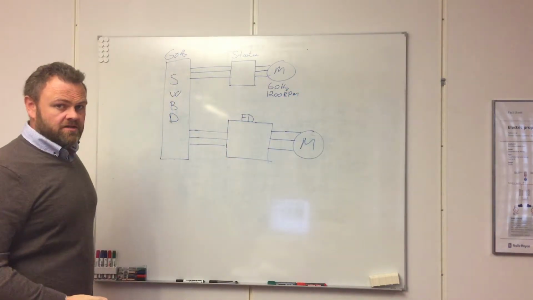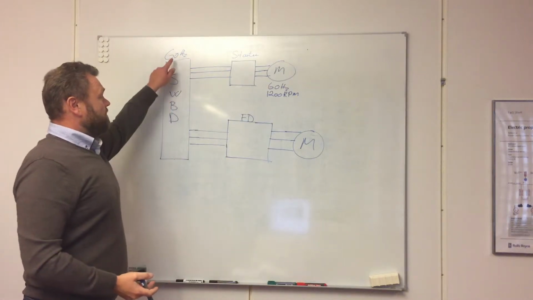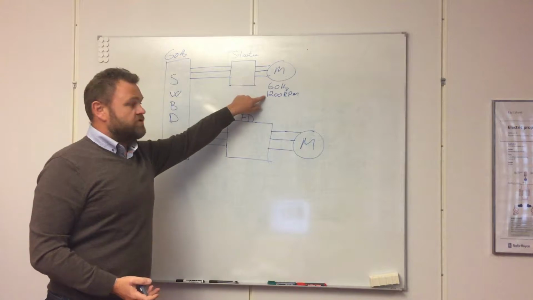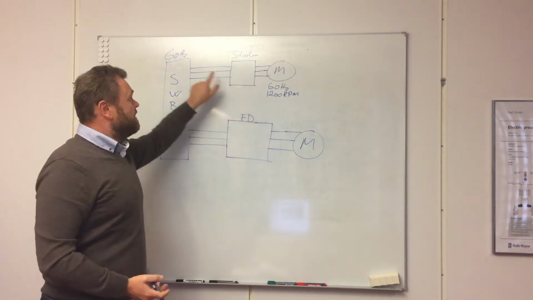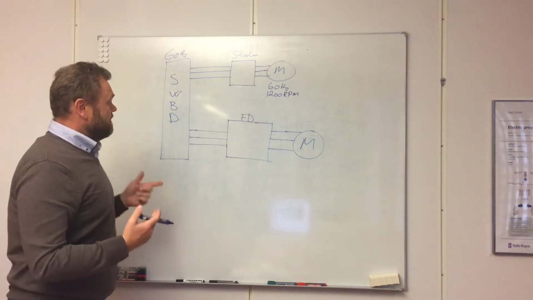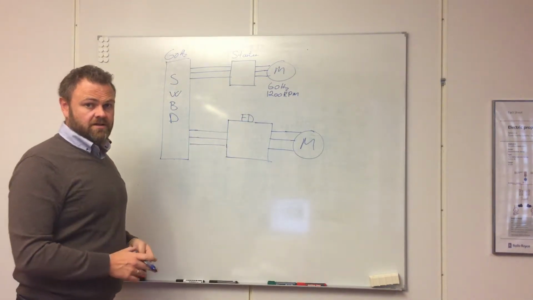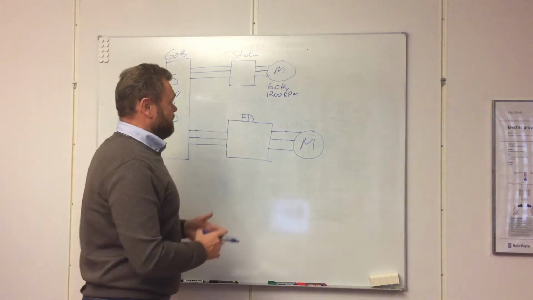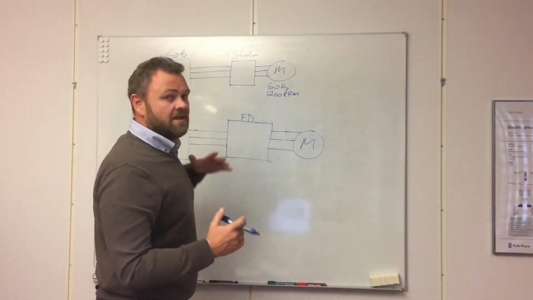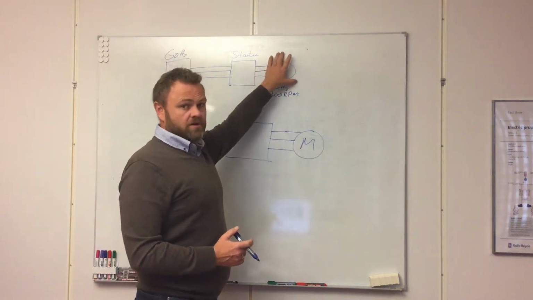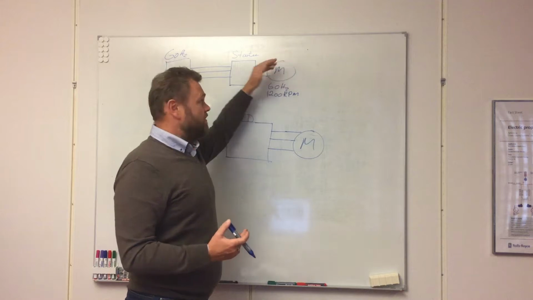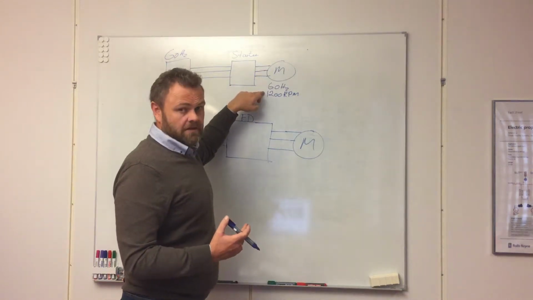Maybe 1800, and at 50 Hertz we would have 1000 RPM. At 60 Hertz we have 1200, and we may have 1500 and a lot of other steps dependent on the frequency input. But let's say this motor is designed and produced for 60 Hertz and 1200 RPM.